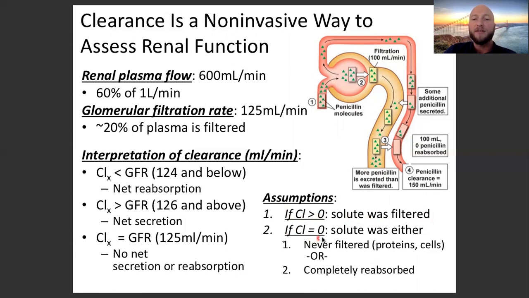And if clearance is equal to 0, either it was completely reabsorbed, so it was filtered and then completely reabsorbed, like the case of glucose, or it was never filtered at all, like with proteins or red blood cells or white blood cells.